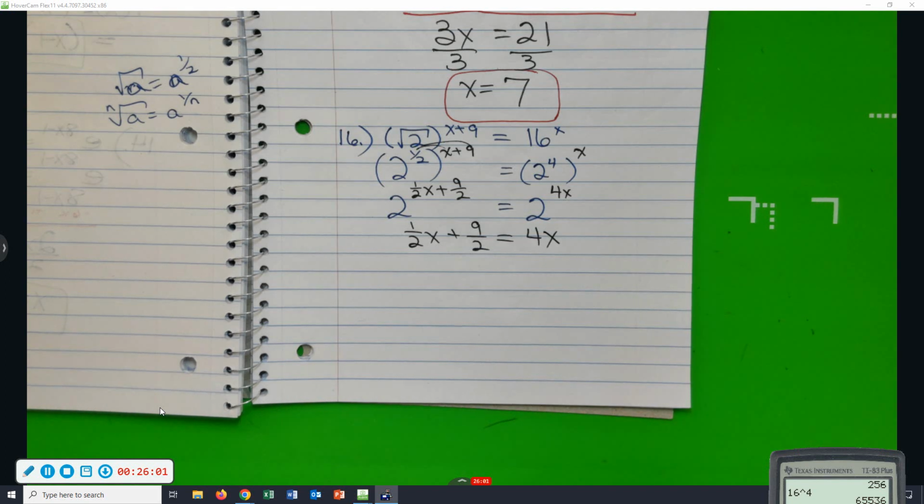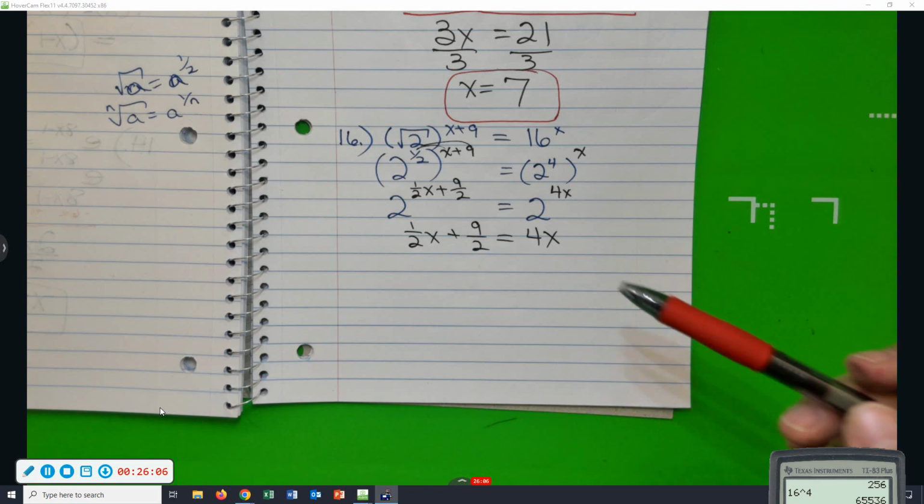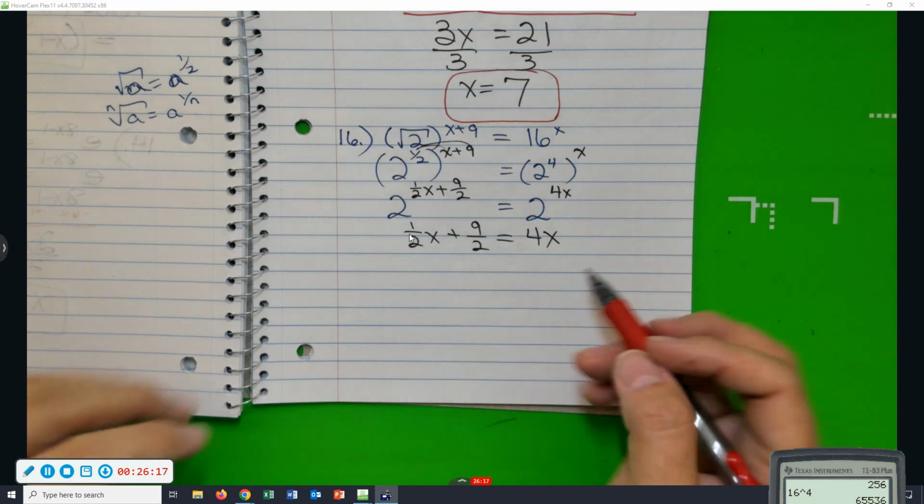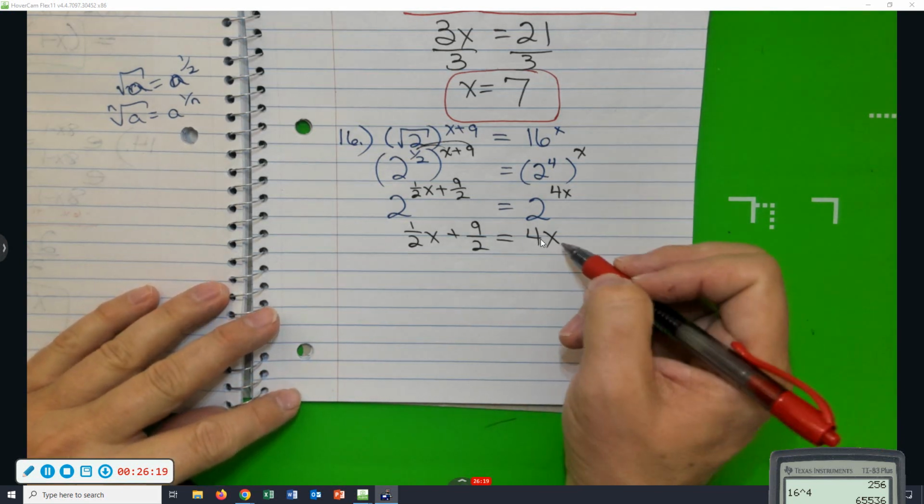What can we do? What do you think I'm going to do? Get rid of the fractions by multiplying through by 2. Every one of those terms, even the thing that doesn't have a 2.